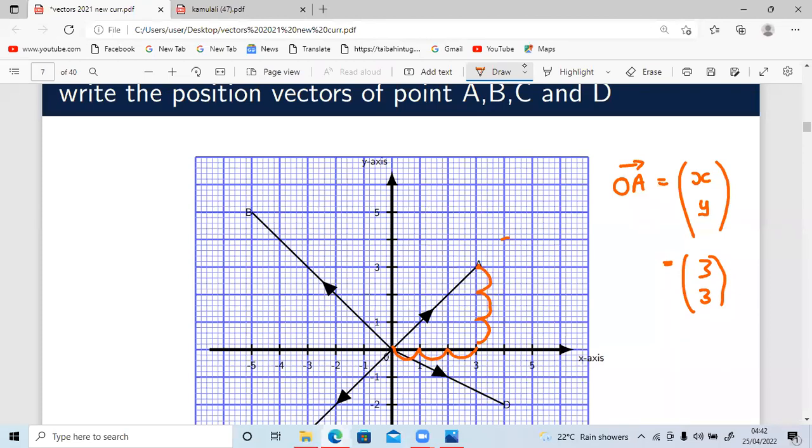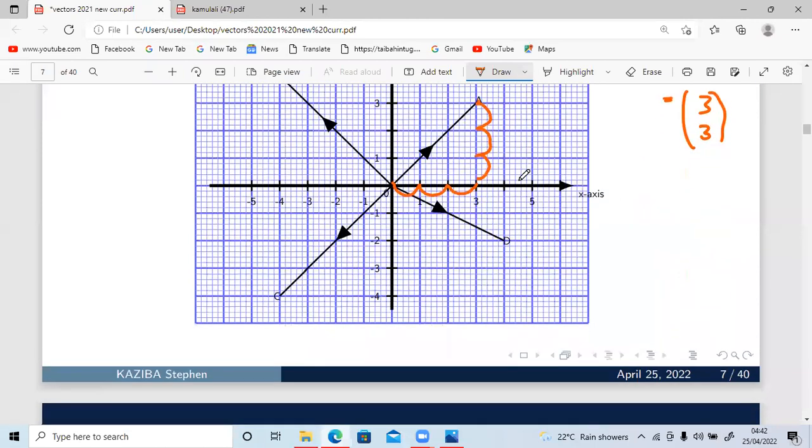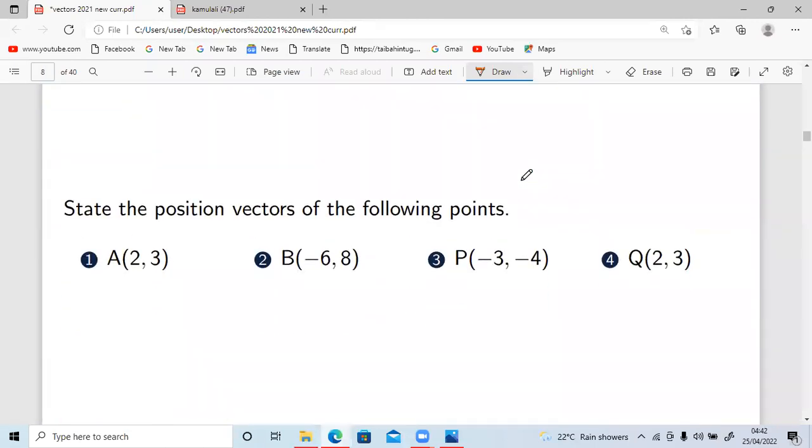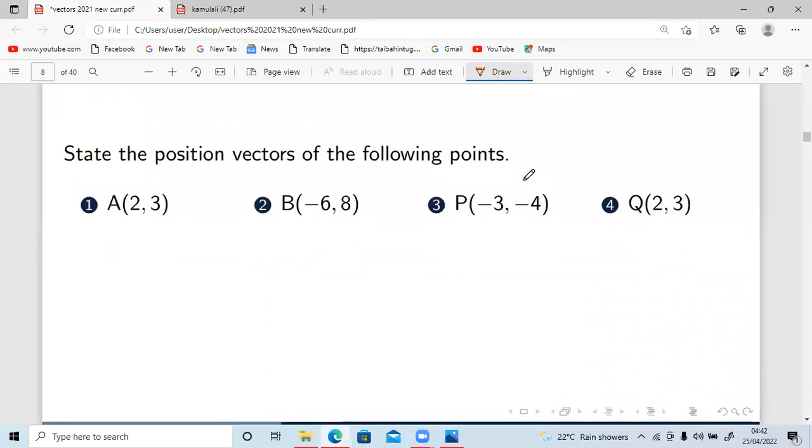So always the position vector starts with O and then you have another letter. He has talked about that. Another thing is that at times they give you a coordinate. Whenever you find a comma in a horizontal format, this is a coordinate. You will always be asked to write it in terms of a position vector.